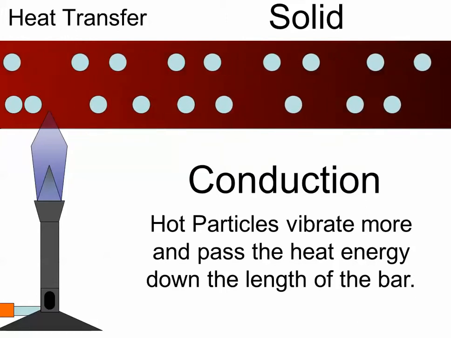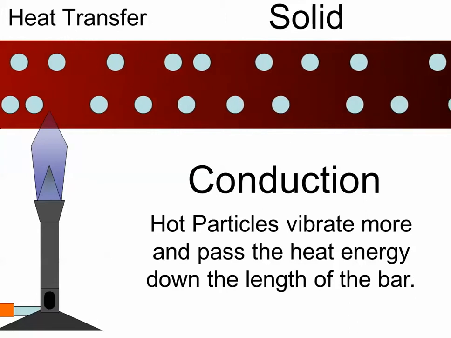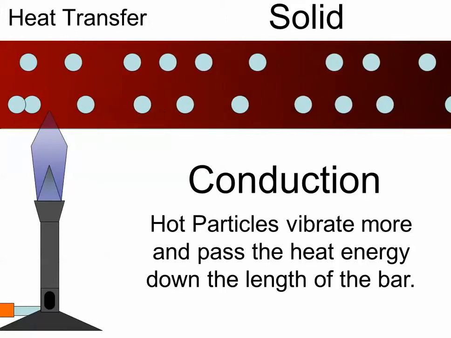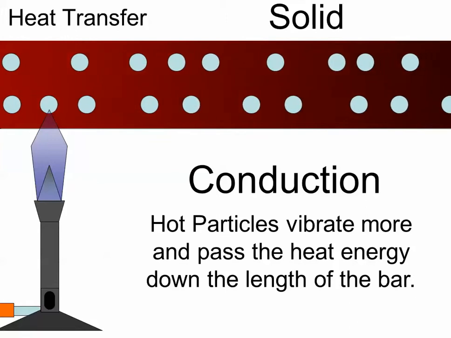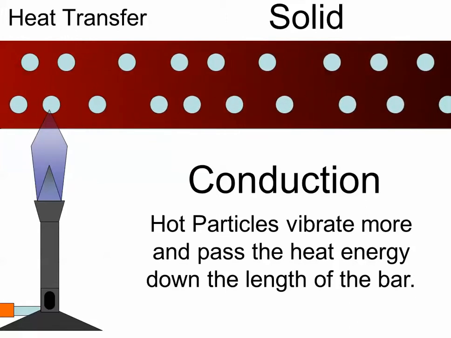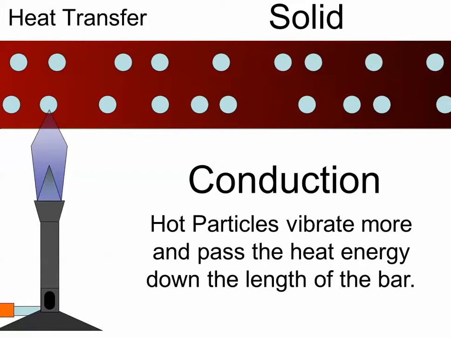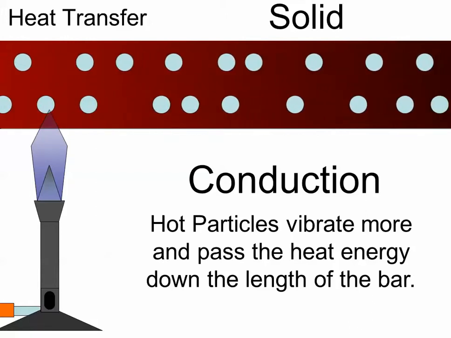Generally speaking, in solids, this is quite a slow process, and heat is not transferred well through most solids. Most solids we would actually regard as insulators, and heat transfer can be quite slow. In fact, in something like wood, the conduction process is so poor that the wood actually burns before it can conduct its heat.